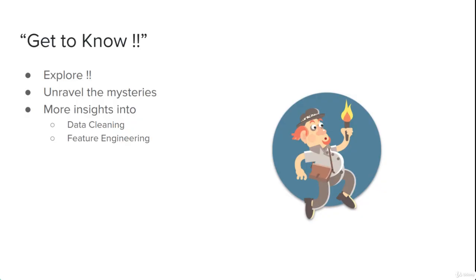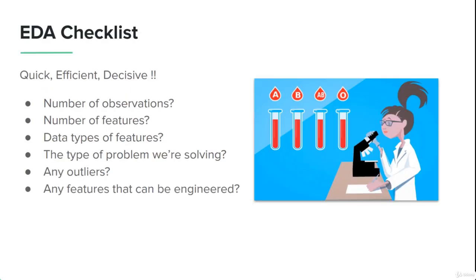We can perform several techniques to explore it, but firstly and most importantly, we need to understand our data. So there's an EDA checklist, especially for beginners: some steps every data scientist should follow when he gets the data.